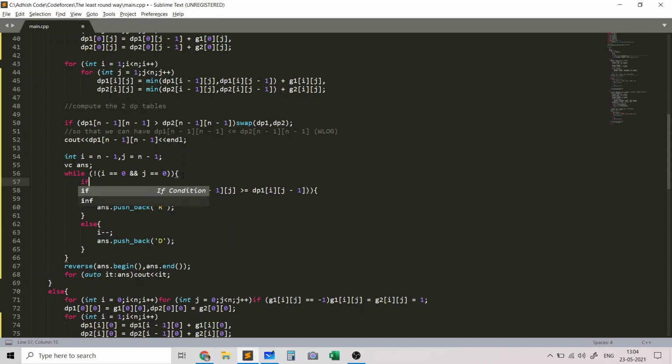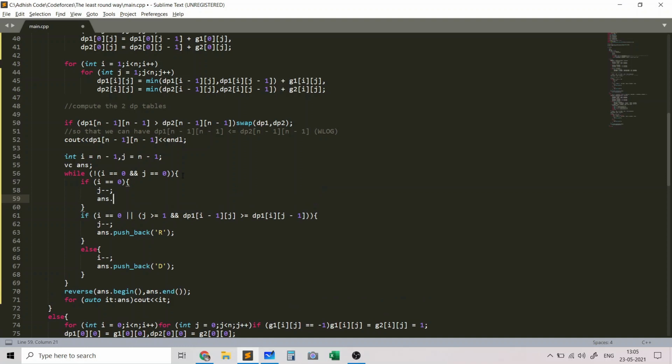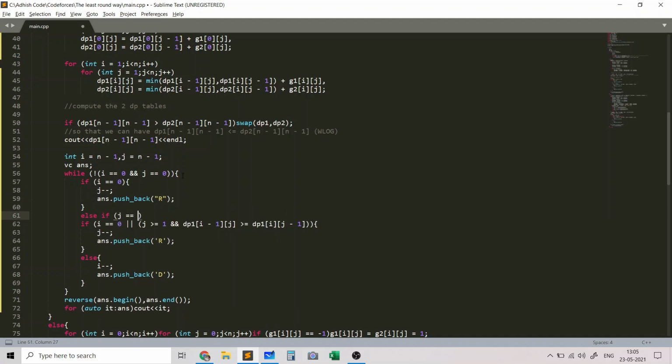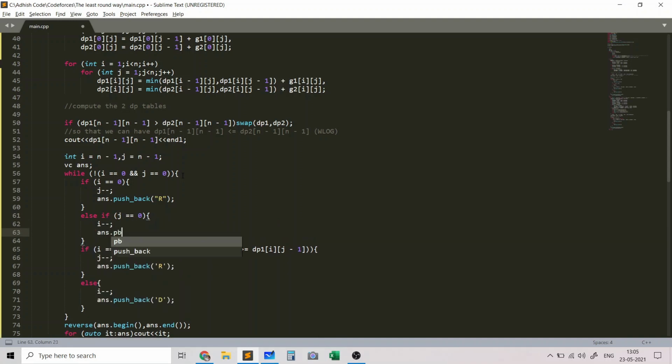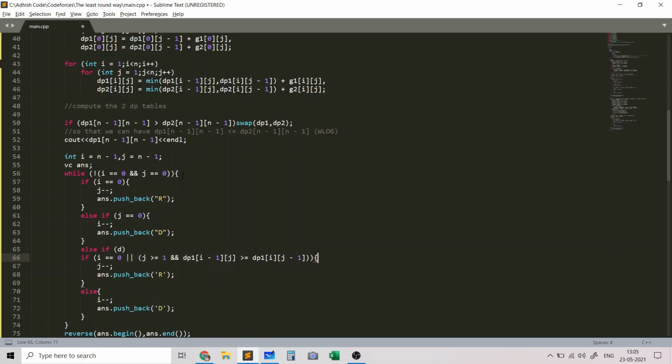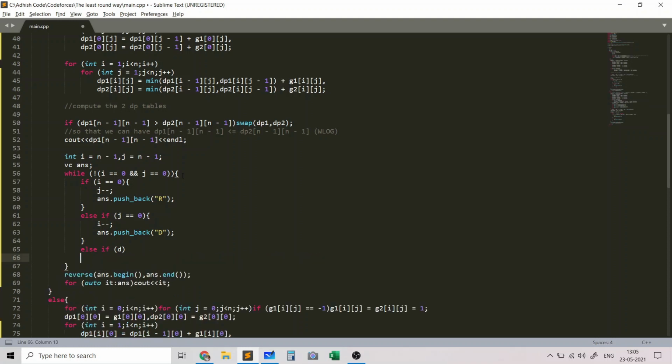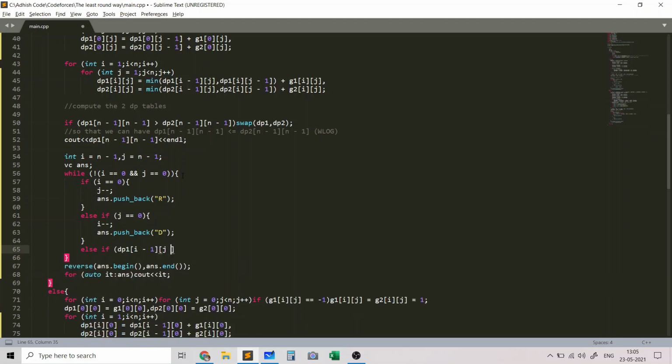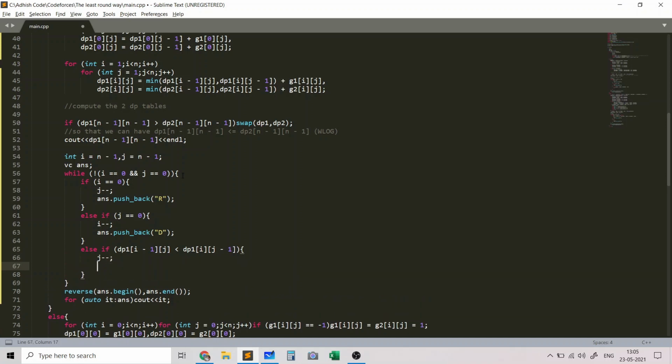An easier way to write this would be: if i is 0 then we decrement j and we push back right to our answer. Otherwise if j is 0 we decrement i and we push back down to our answer. Then we know that both i and j are greater than 0, so we can just do the condition: if dp1 of i minus 1 j is less than dp1 of i j minus 1, then we should have come from i j minus 1, and hence we decrement j and push back right.